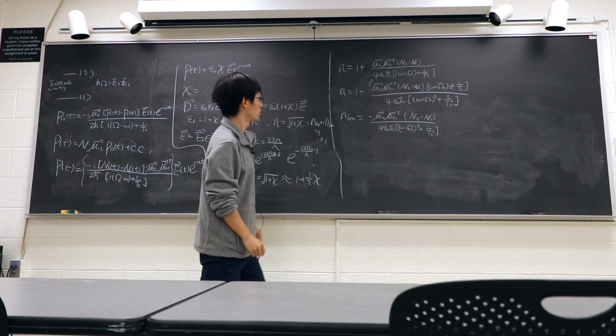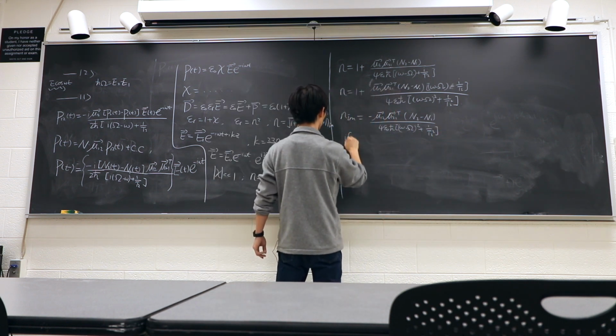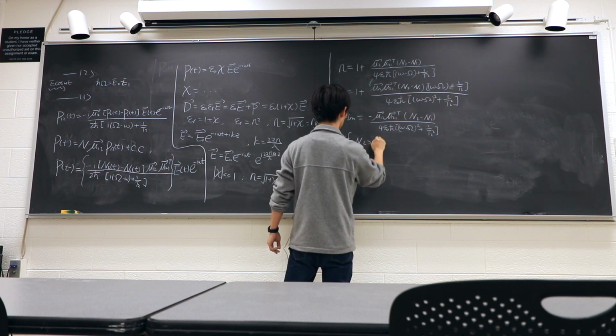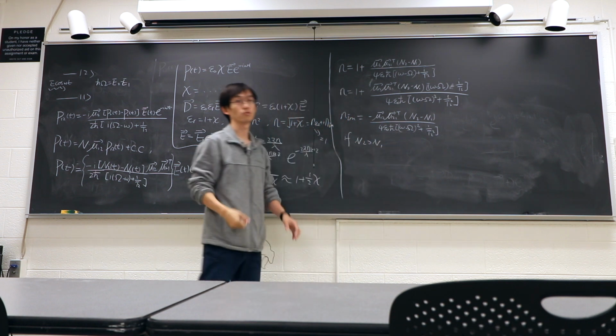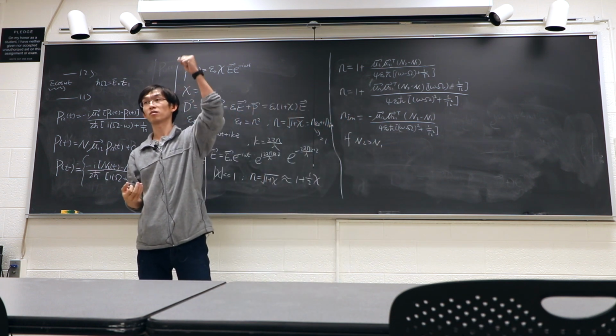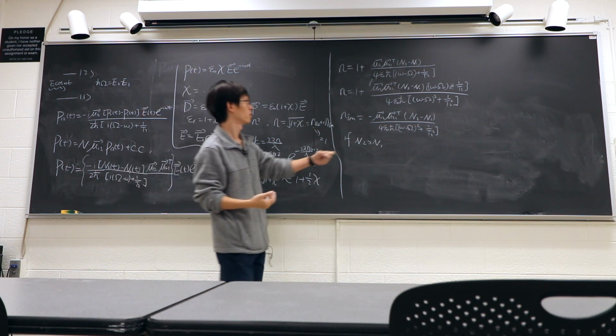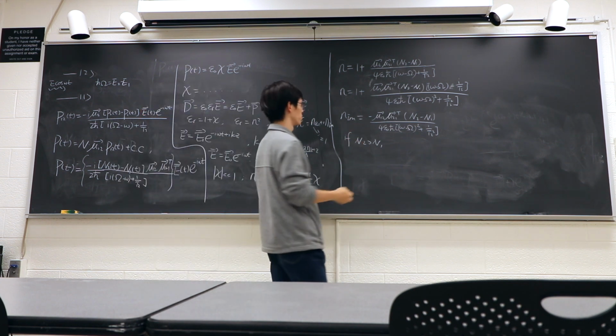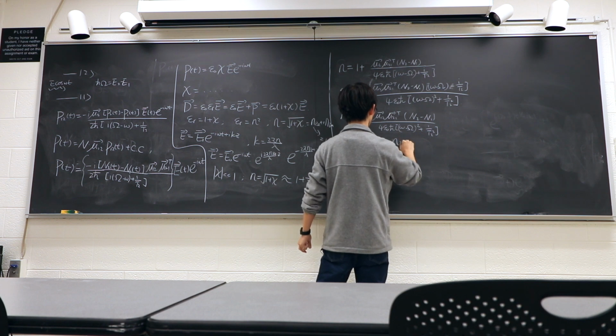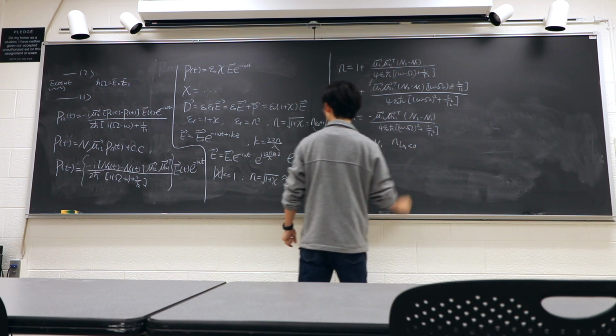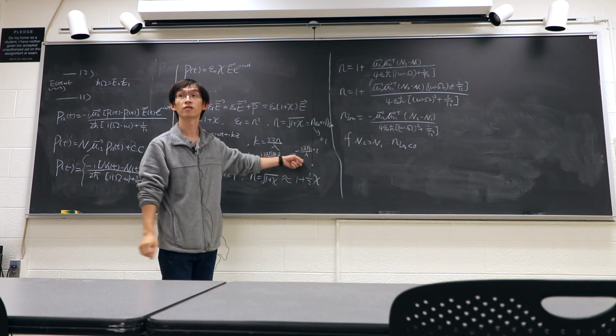Okay, you see if n2 is larger than n1, meaning there are more atoms in the upper state than the lower state, then this is a negative number. And what does a negative number mean? You have gain.